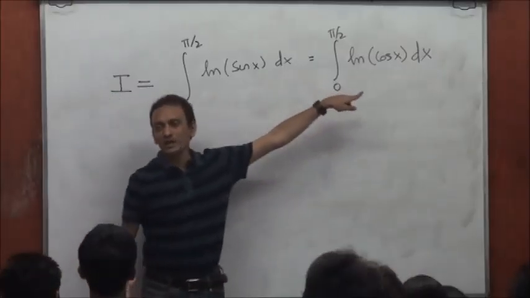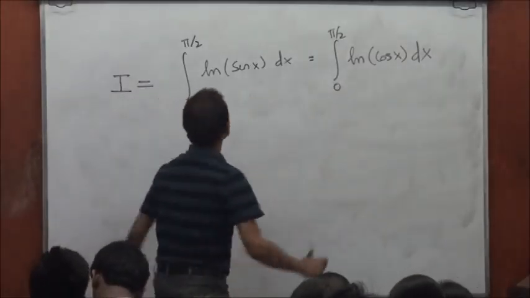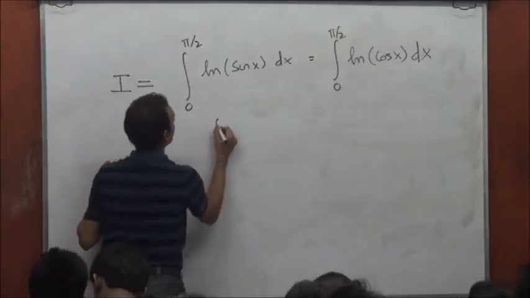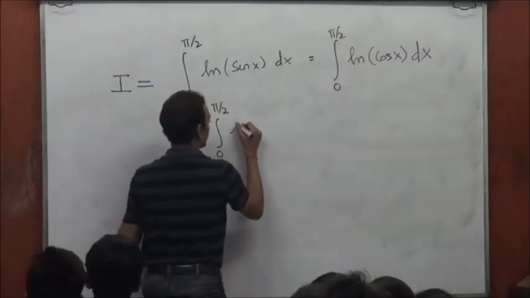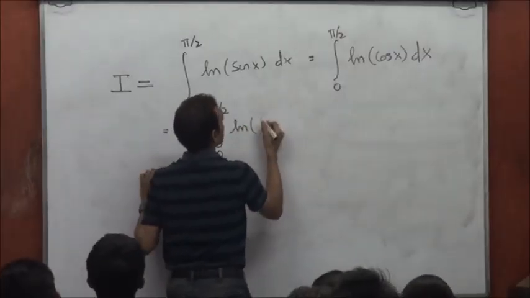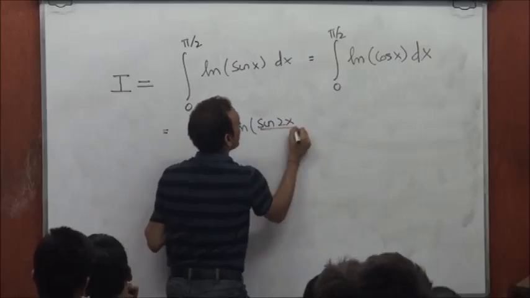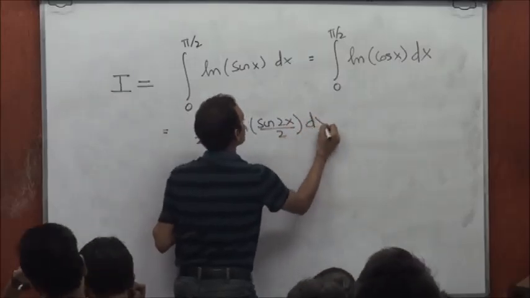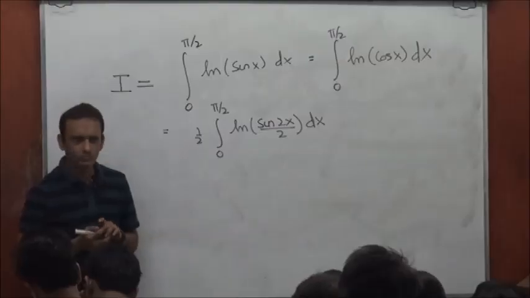If A equals B, A should be half their sum. Sum means log sin x plus log cos x, which is log sin 2x by 2, yes or no?